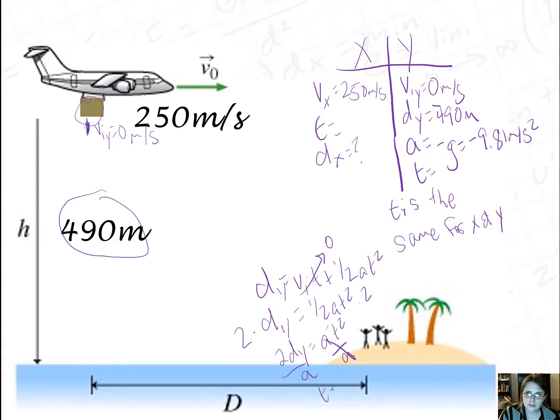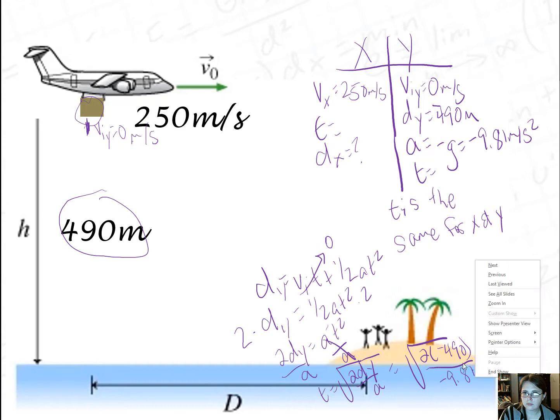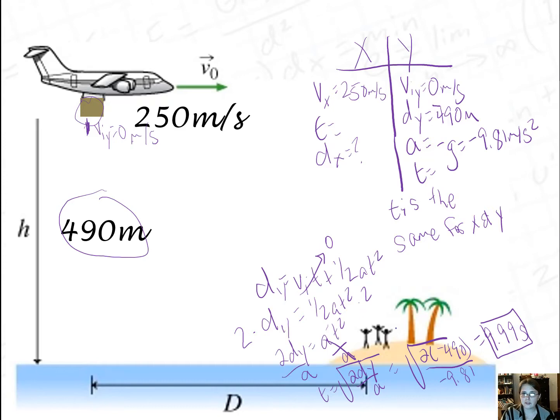So then time is equal to the square root of 2 times d_y divided by a. And we can plug in, and we end up with 9.99 seconds. That's the time it takes for it to get to these people, for them to catch it.